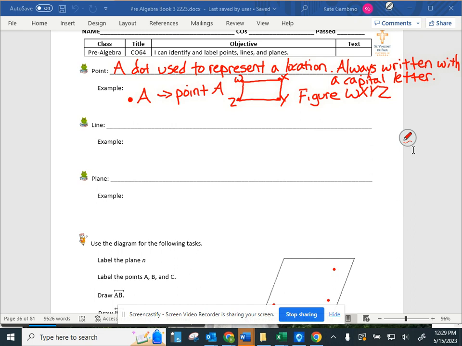Each of those corners is a point, and we use those points to give a name to the figure. Those points will always be capital letters.